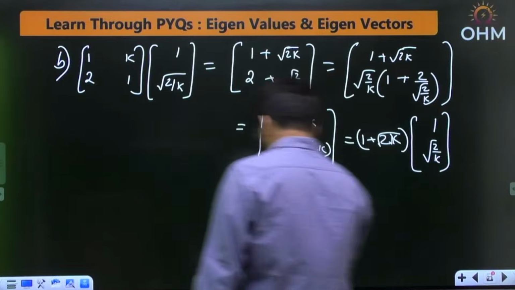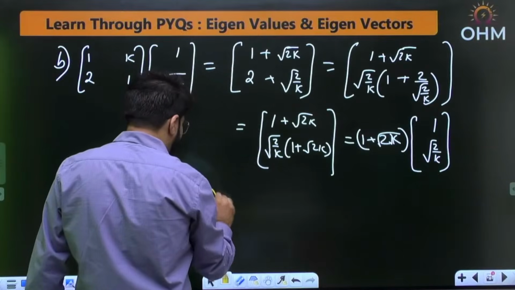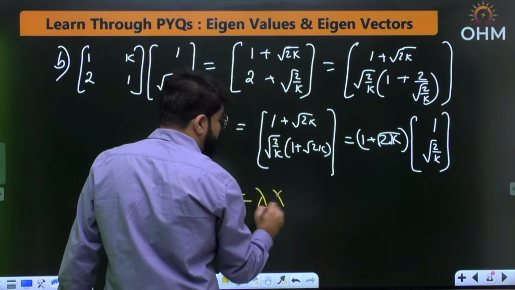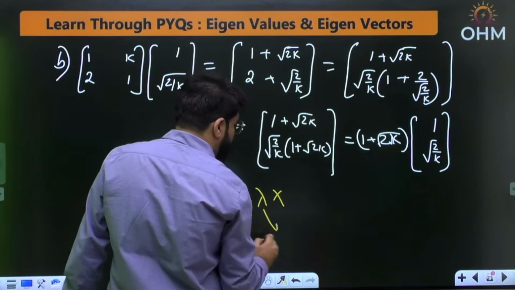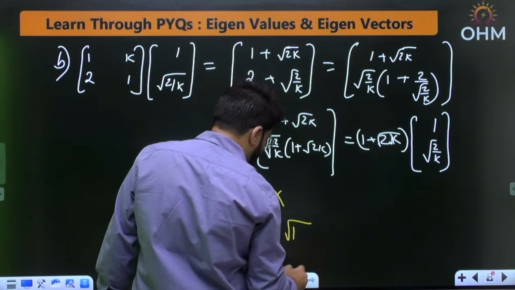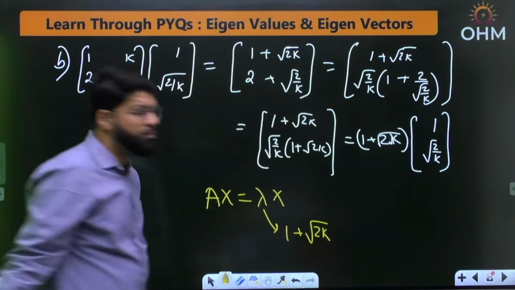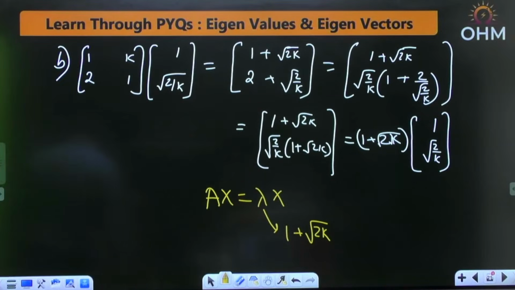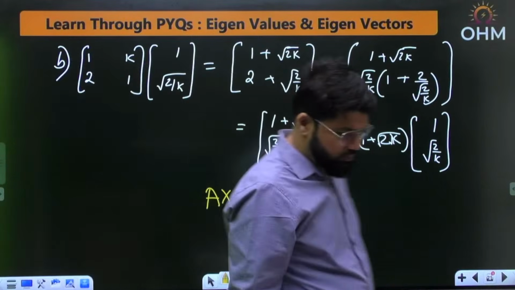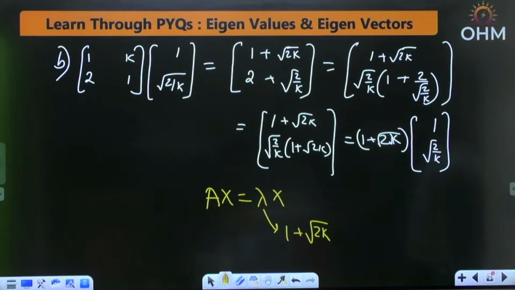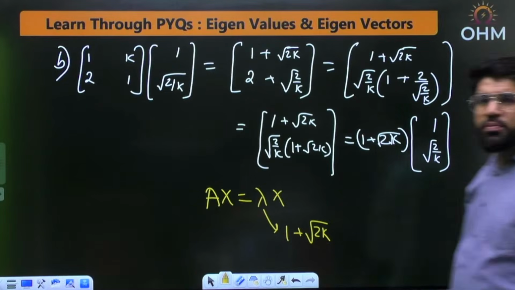So yes, I have been able to obtain Ax equal to lambda x. I get the same value of x. What is the lambda obtained? 1 plus root 2k.